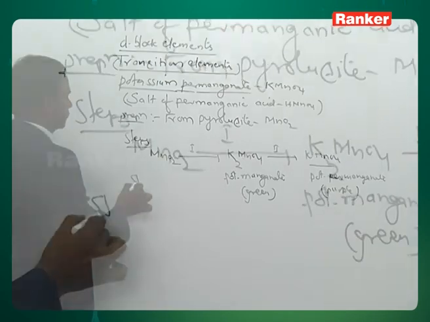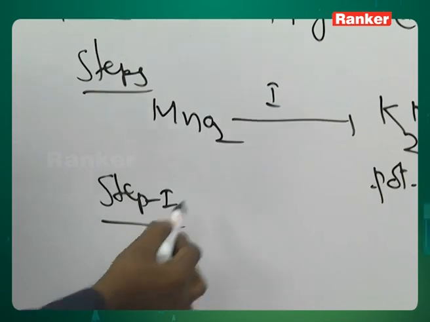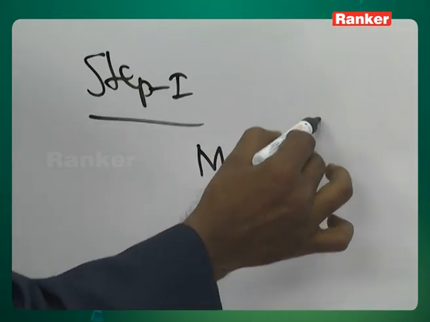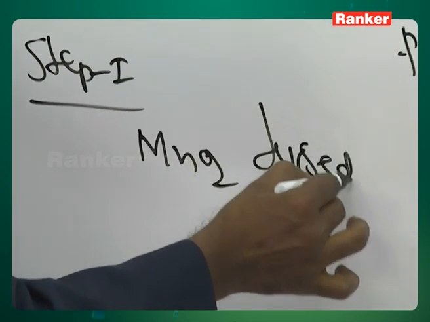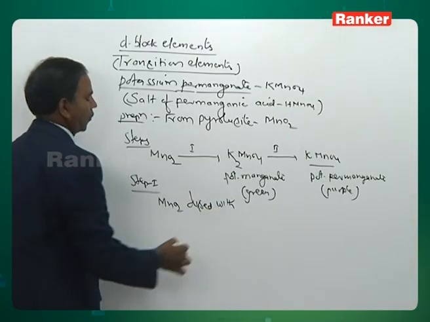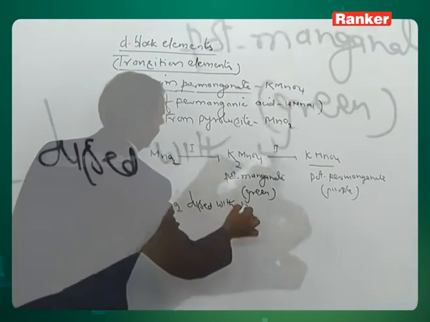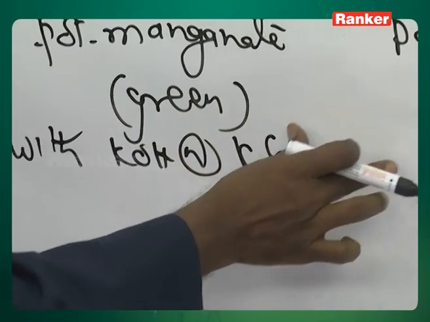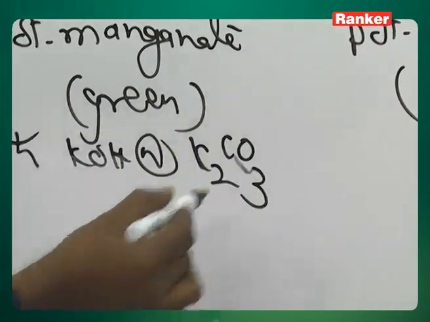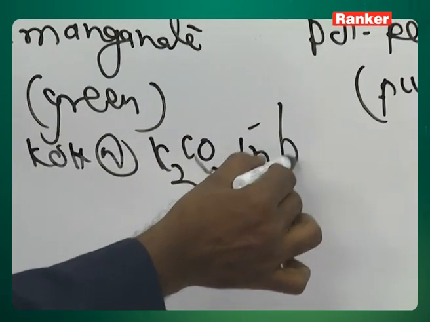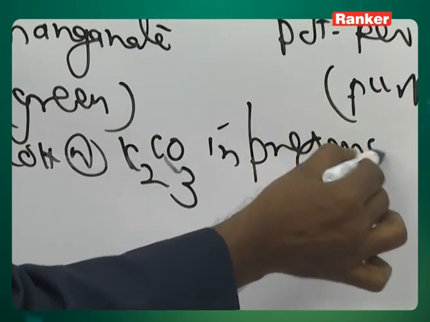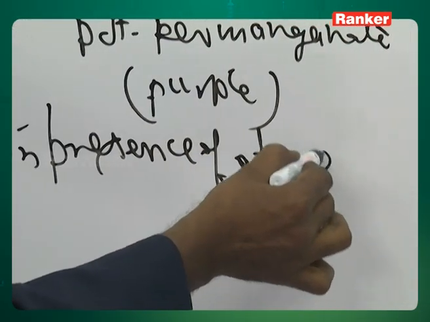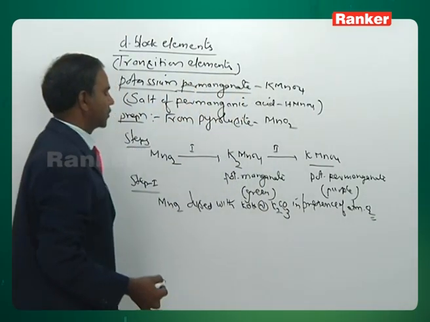Step 1. Pyrolusite, MnO2, is fused with KOH or potassium carbonate in presence of atmospheric oxygen.